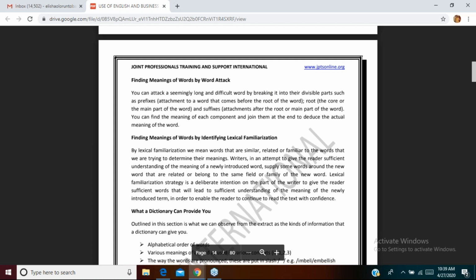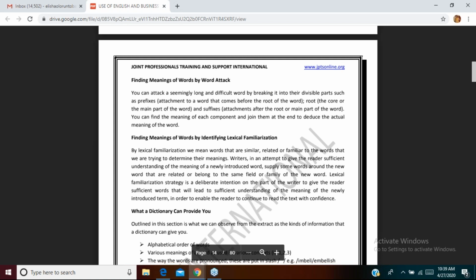Writers, in an attempt to give the reader sufficient understanding of the meaning of a newly introduced word, supply some words around the new word that are related or belong to the same field or family of the new word.